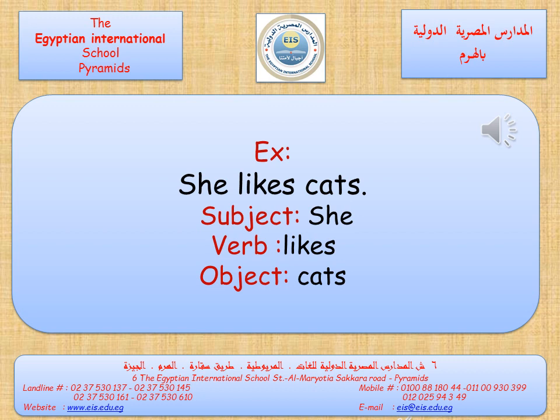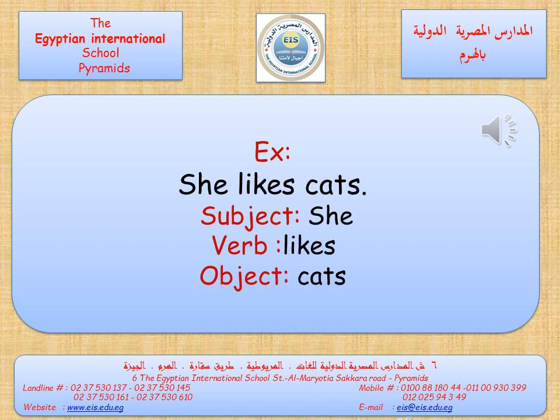Let's take another example. She likes cats. Okay, where is the subject now? The subject is she. She is the doer of the action. Okay, where is the verb? The verb is likes.